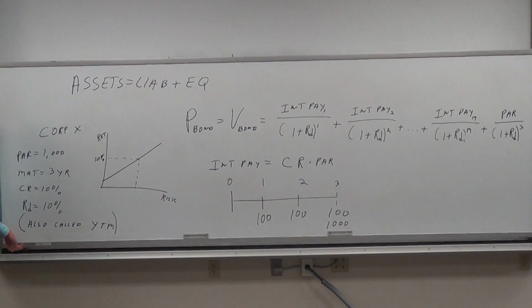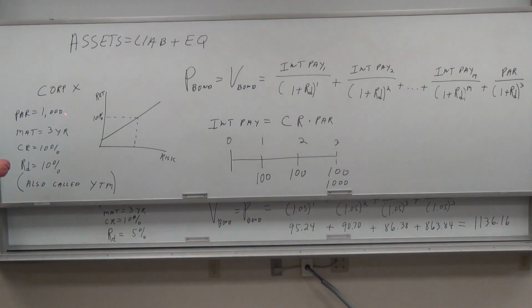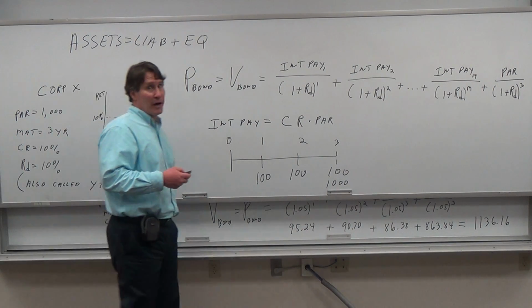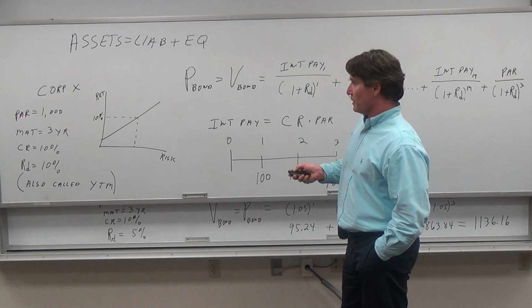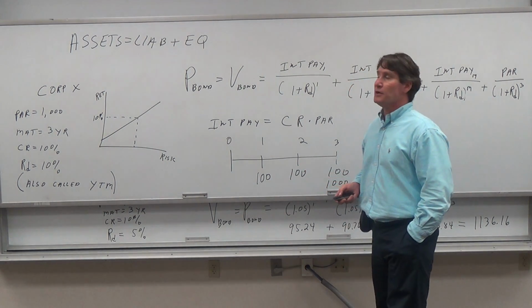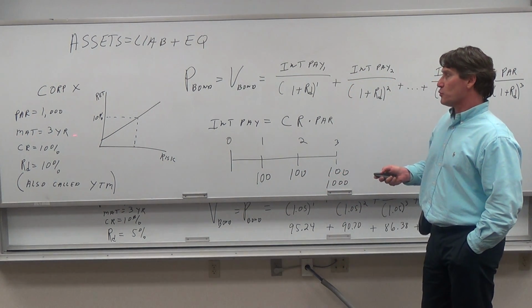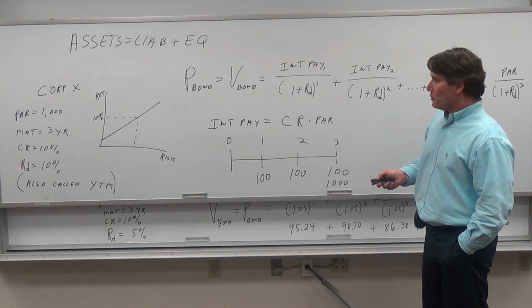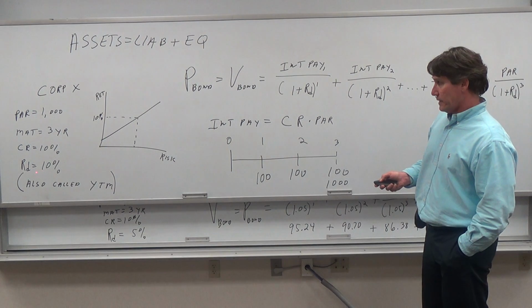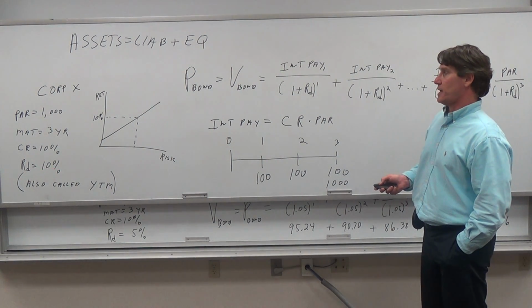Suppose Corporation X wants to raise money to buy assets to generate cash flows to maximize shareholder wealth. Corporation X wants to borrow $1,000, so they're going to set the par at $1,000. Corporation X needs 3 years to pay back that $1,000 loan, and the going rate in the marketplace, RD, is 10%.